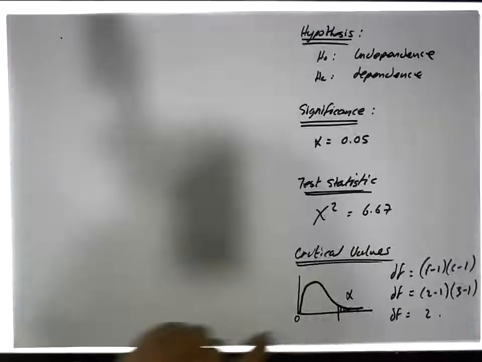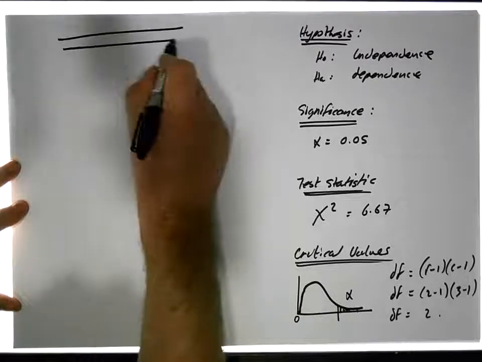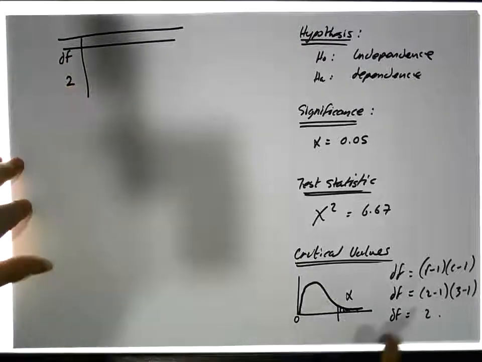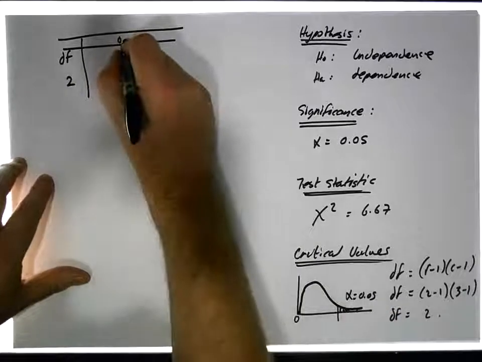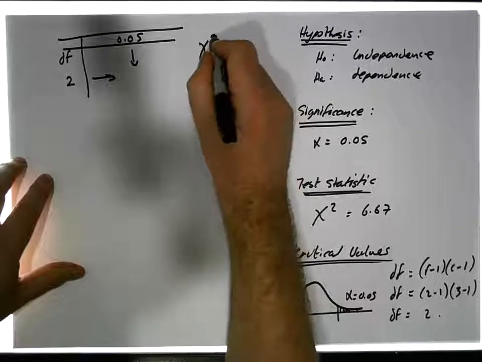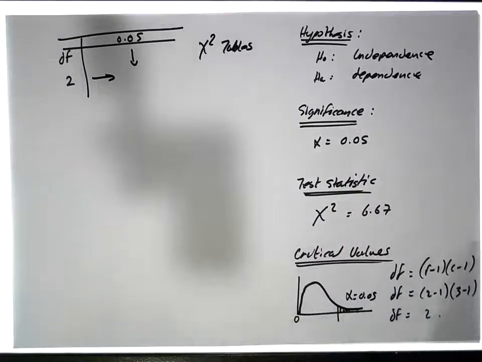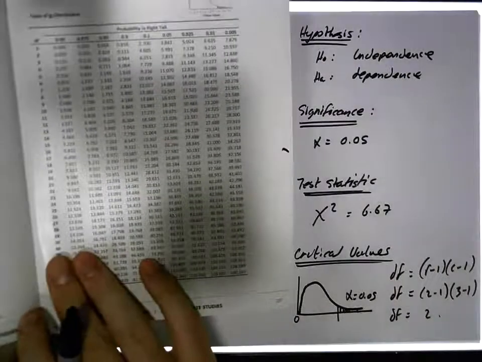So now we have our degrees of freedom. So now we go off and look up our chi-square tables. The degrees of freedom is 2, and we're putting 0.05 in the right tail. These are chi-squared tables.